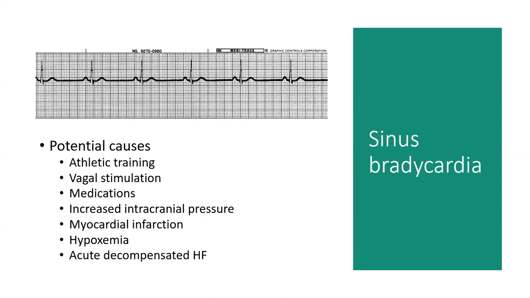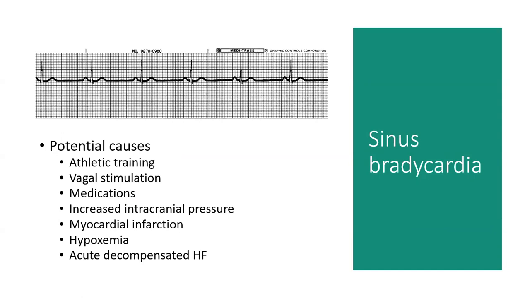So some of the potential causes can be things like athletic training. A lot of aerobic exercise can cause the heart muscle to grow in people who are very athletic. So they're actually getting more push with every heartbeat. Every heartbeat, a lot more blood is flowing through, so they require fewer heartbeats.